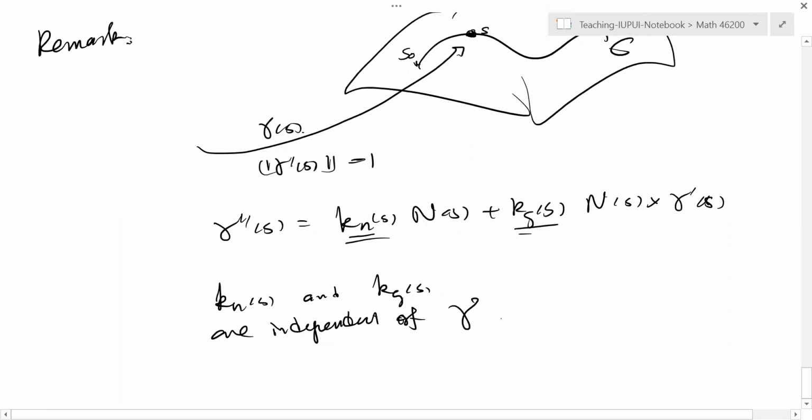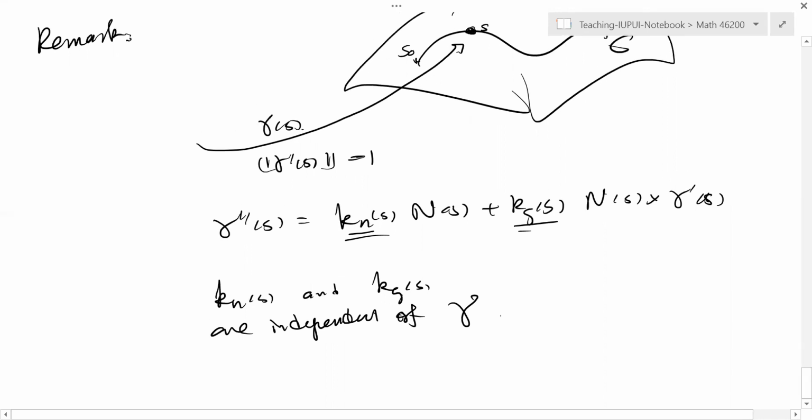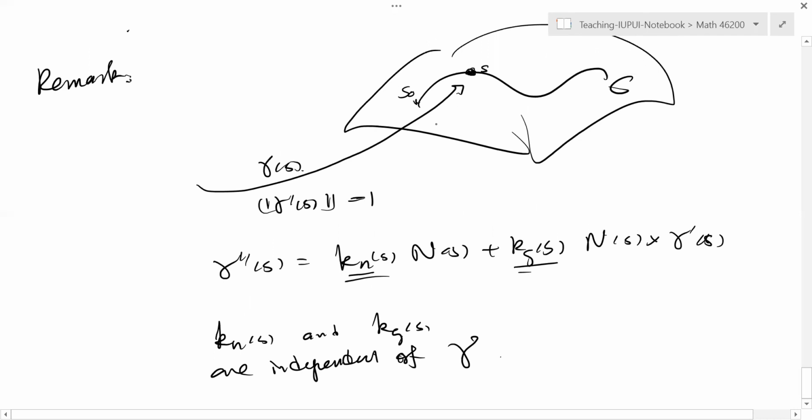That should be independent of the particular parameterization. If this is another parameterization, it's essentially almost the same, so gamma(s) may just equal gamma(s) plus some lambda, depending on where you start.